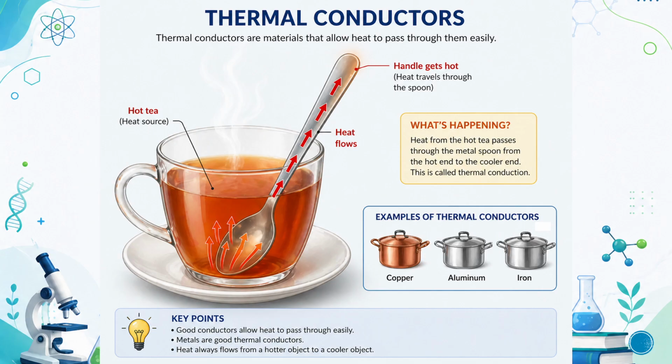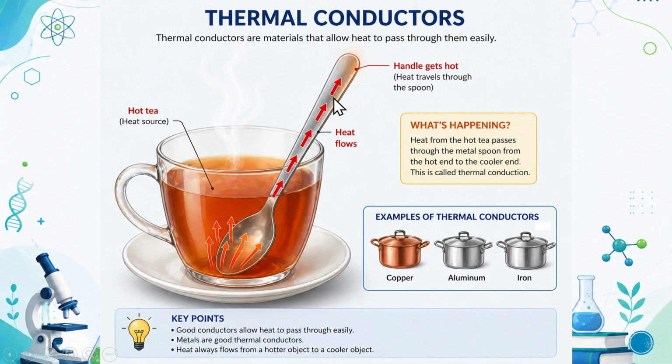In this example, we see a hot tea, which is a source of heat, and a spoon placed into the tea, which is made up of, let's say, steel. You see the heat energy from the tea being transferred towards the colder end of the spoon.